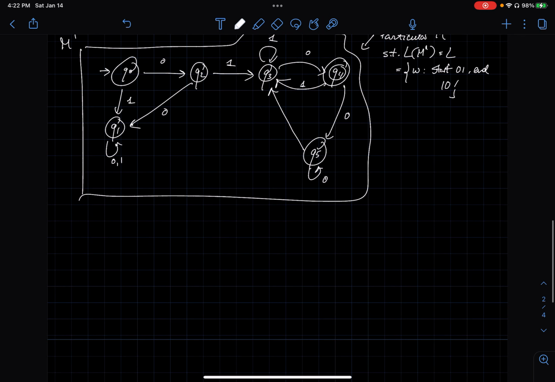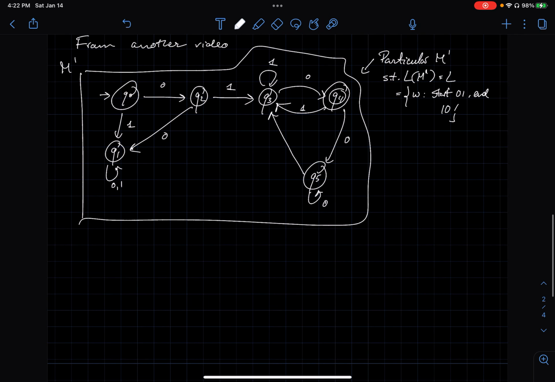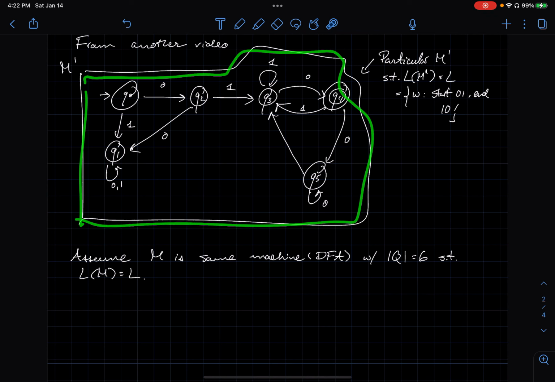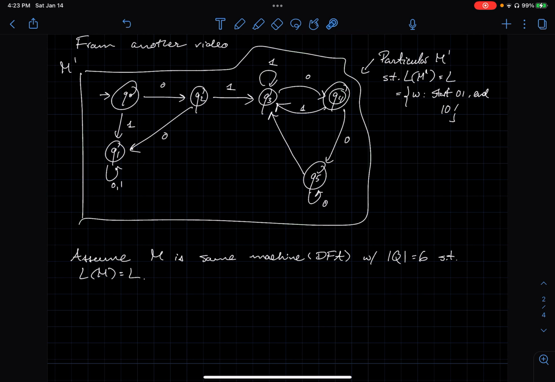Okay, and now let's suppose I've assumed some arbitrary machine M. So I assume M is some machine, which is a DFA, with 6 states, such that L of M is equal to L. What M prime tells us is that there does exist at least one machine with 6 states that accepts L, right?